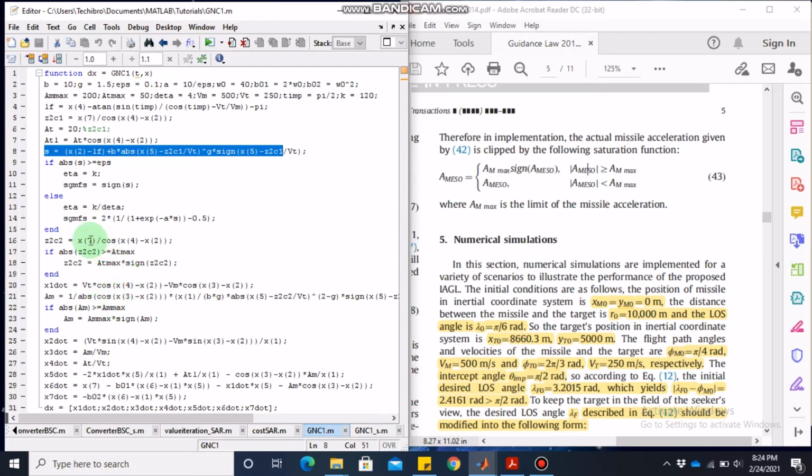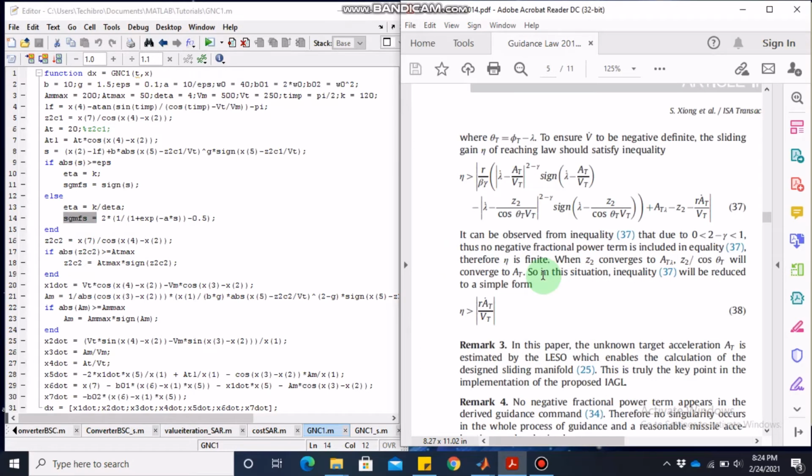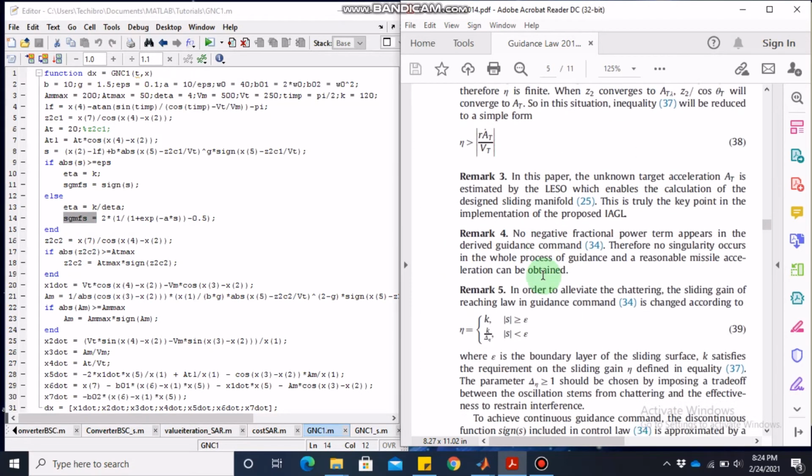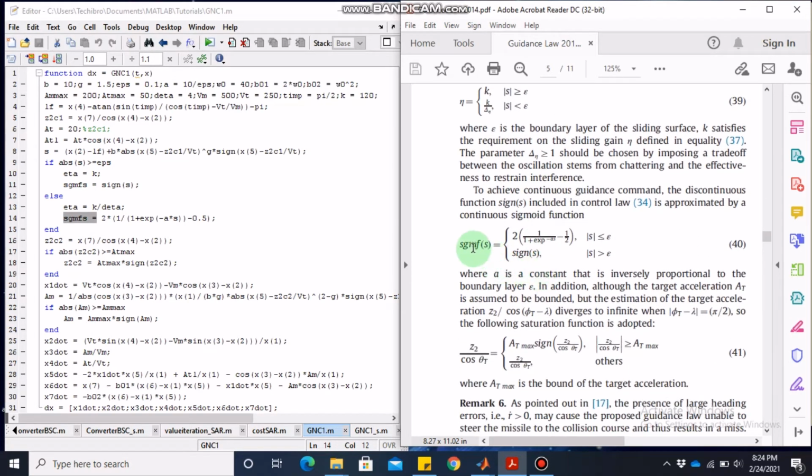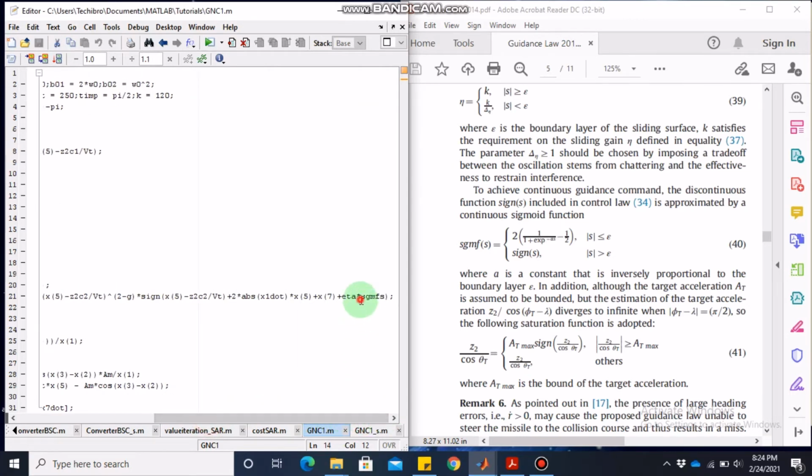There is this sigmoid function, which let me show you here. Here they have suggested that this sigmoid function of the sliding surface, which is used in the guidance law, is used here at this position.